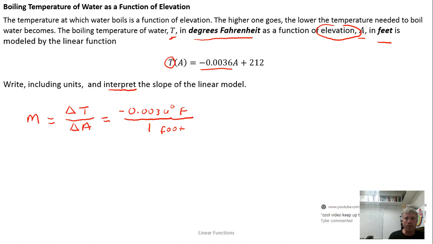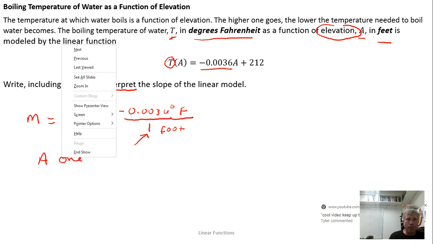So again, I start with the input variable and I write what the input variable is causing.